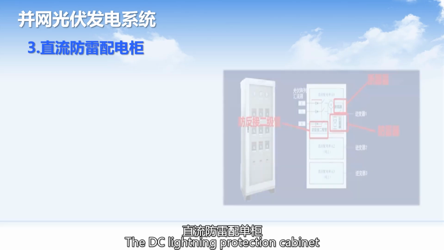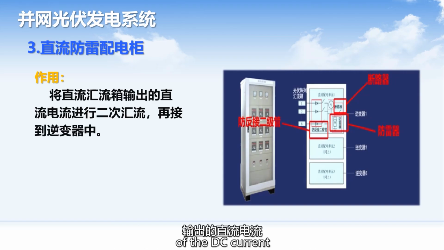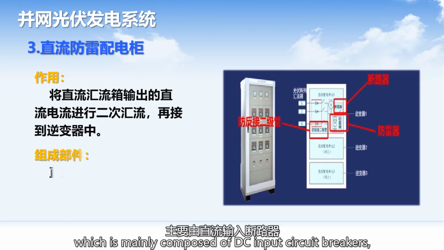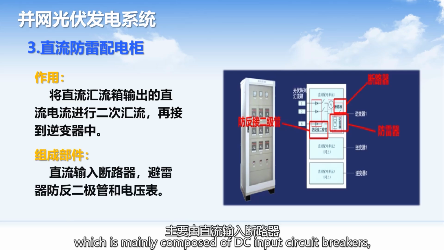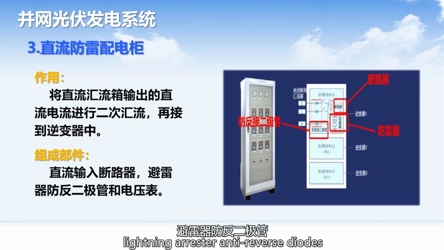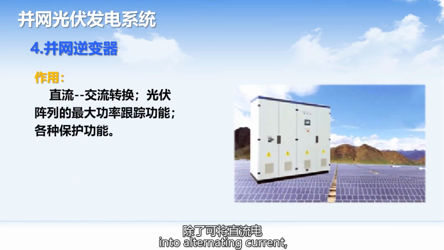The DC lightning protection cabinet carries out the secondary confluence of the DC current output by the DC combiner box and then connects it to the inverter. It is mainly composed of DC input circuit breakers, lightning arrestors, anti-reverse diodes, and voltmeters, in addition to converting direct current into alternating current.